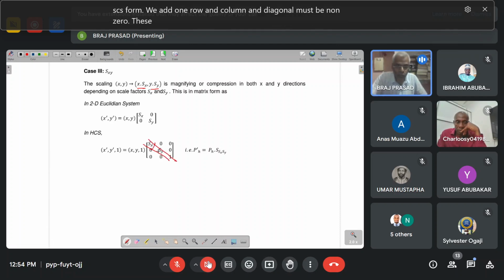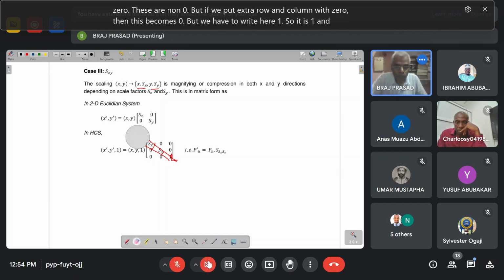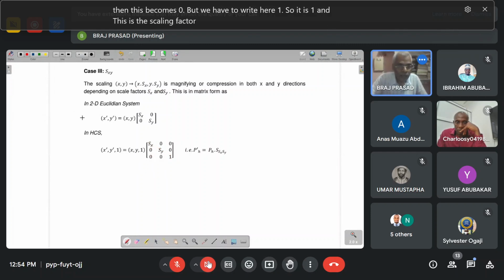These are non-zero, but the extra row and column are 0, and here we have to write 1. And this is the scaling factor for both the x and y directions.